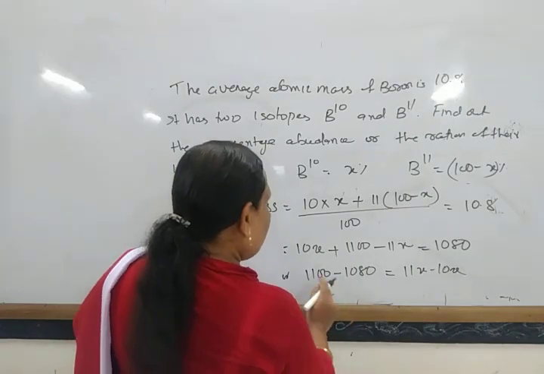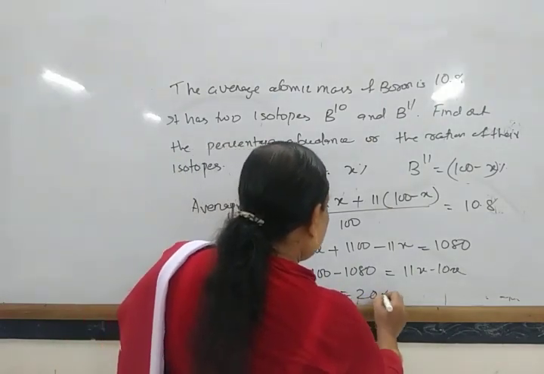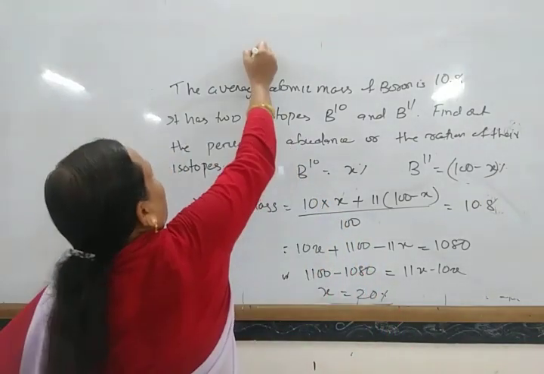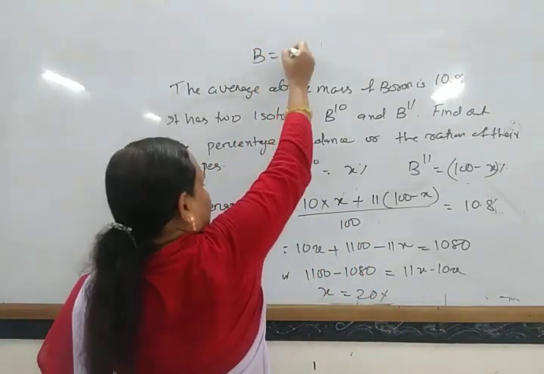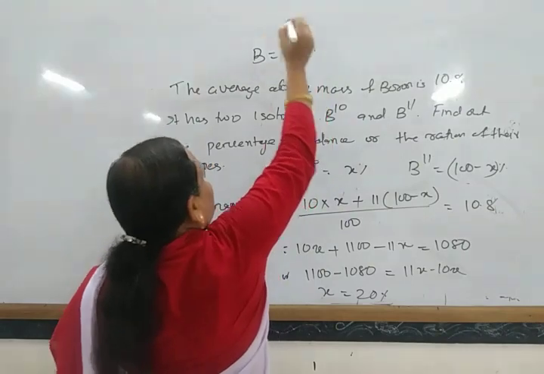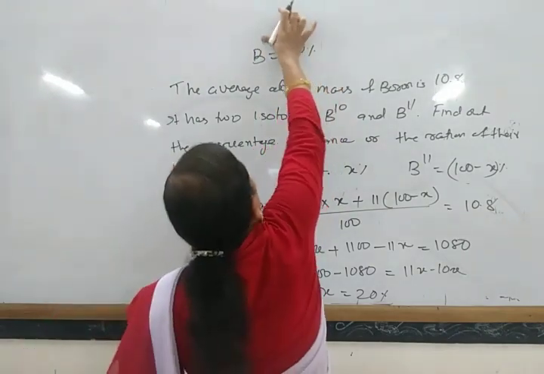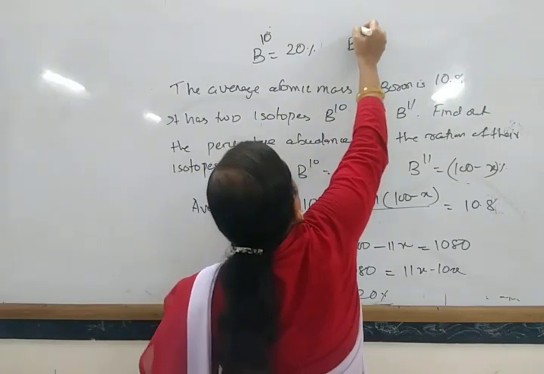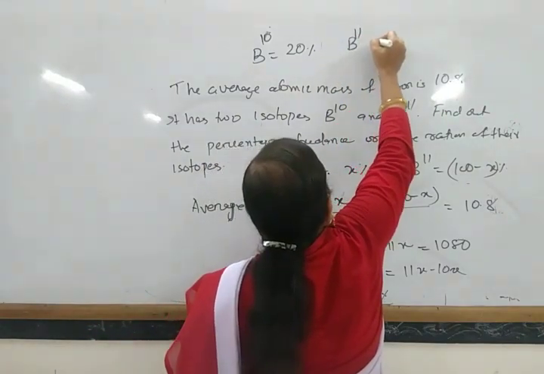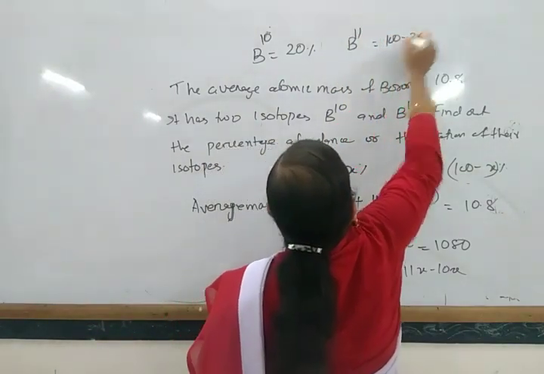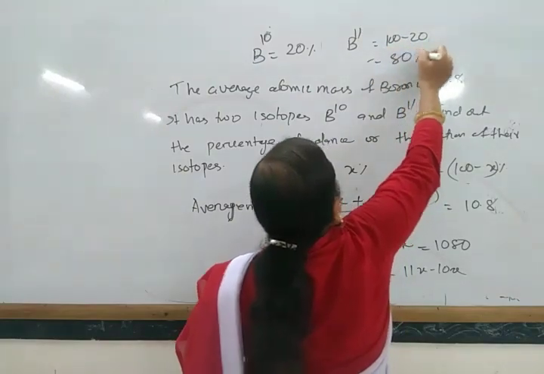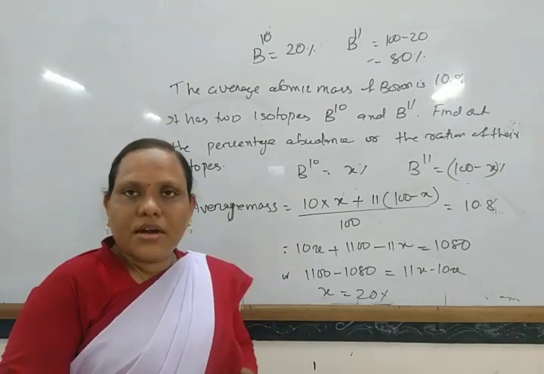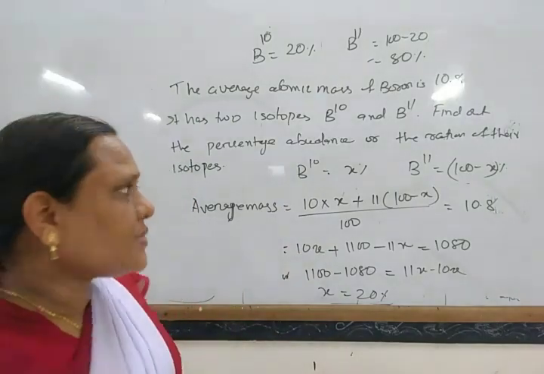So x equals 20%. That means boron 10 is present in 20%, and boron 11 is present in 100 minus 20, that is equal to 80%. Okay, so in this way you can solve this type of problem.